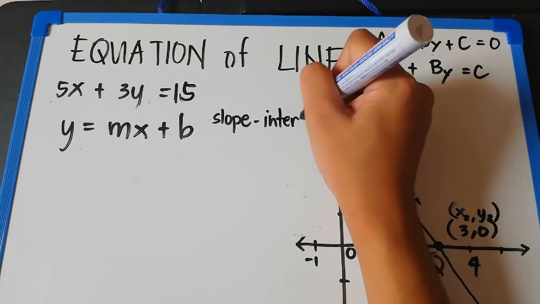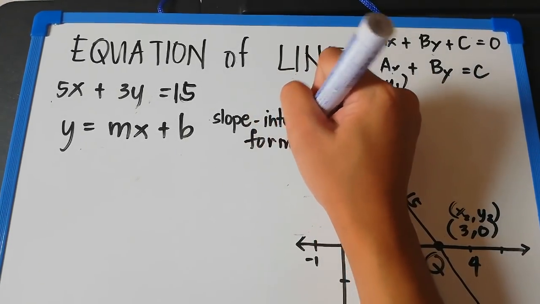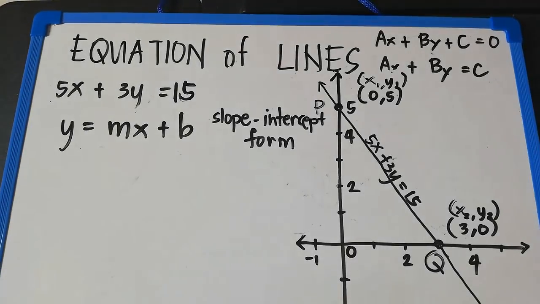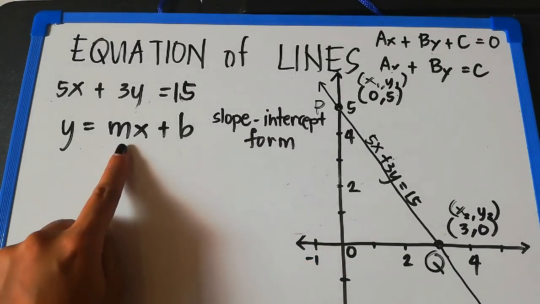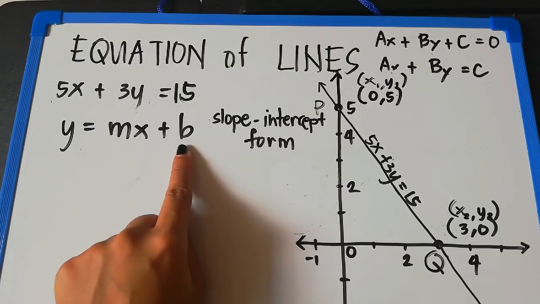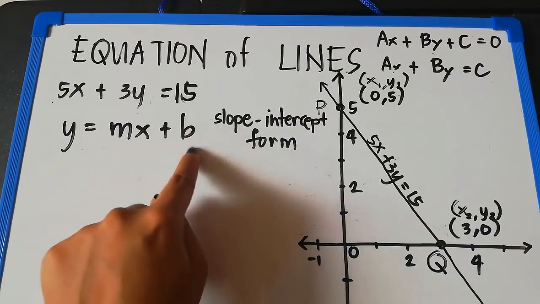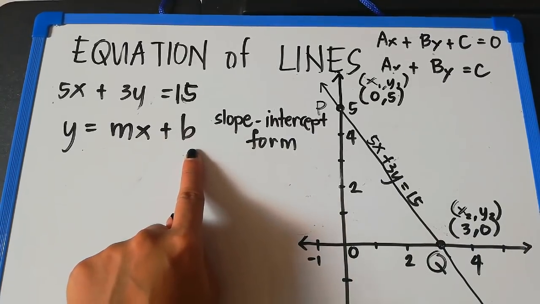Slope-intercept form, y is equal to mx plus b. Sa slope-intercept form natin, m is the slope and b is the y-intercept. Kaya siya ay slope-intercept form. M is the slope and b is the y-intercept.